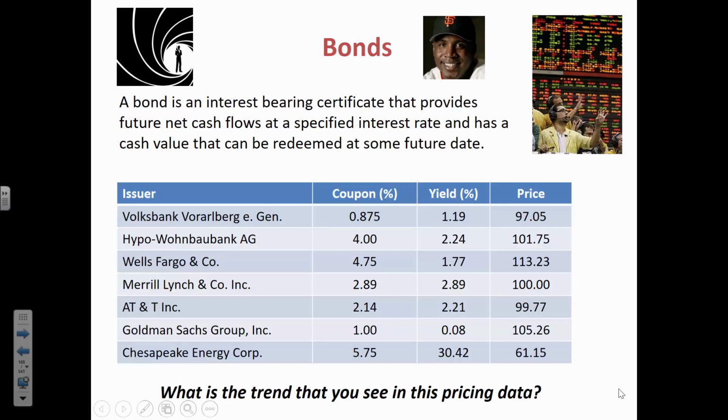In this data, the coupon is what the company promises to pay. For instance, if you buy a bond for $100 and the coupon is 1%, then what they're promising is that they'll give you $1 of interest each year. And you can see that sometimes the coupon and the yield are different.